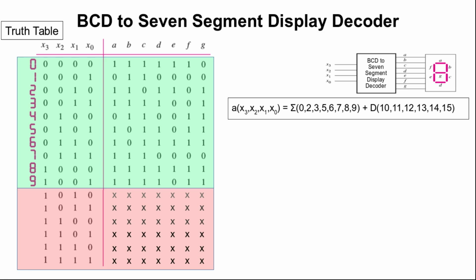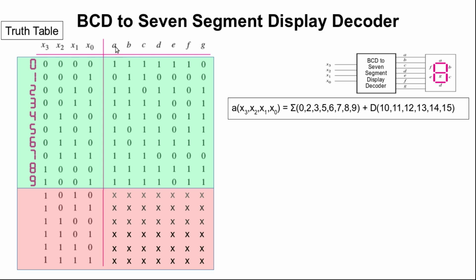Now, when we have don't care conditions, this is how we represent the Boolean function. So the Boolean function A is a function of the variables x3, x2, x1, x0. It can be represented as the sum of minterms. You already know this notation, sum of minterms. So when it's sum of minterms, we should list those minterms for which the function is equal to 1.